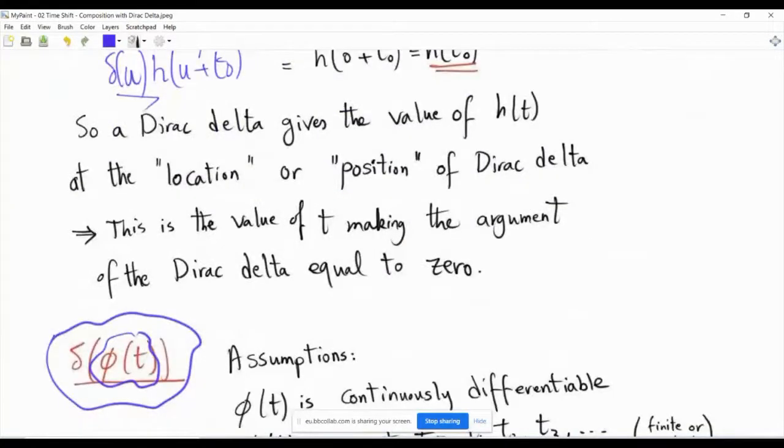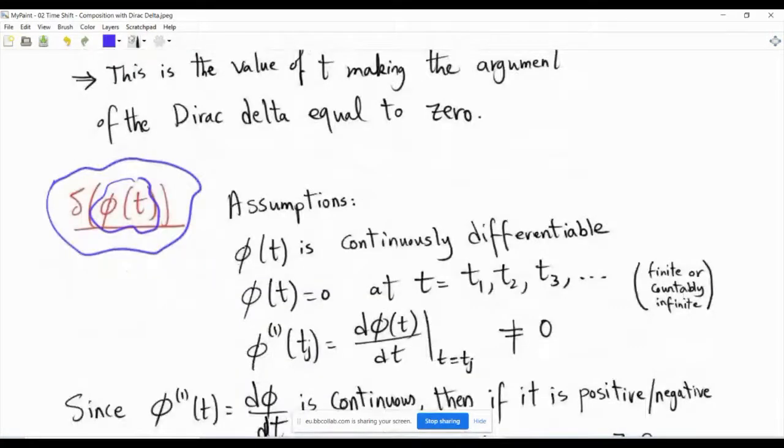But hopefully we can actually extend the range of functions that we can compose with the Dirac delta, for the purpose of using this in signals and systems and so forth. We will assume that phi of t is continuously differentiable, and shortly we will understand why these assumptions.